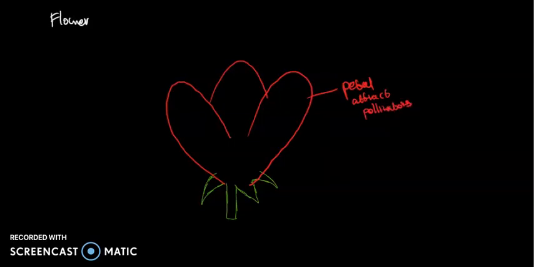So pollinators are animals like bees, sometimes some types of bugs, wasps even, and the sepal is to protect the developing flower.